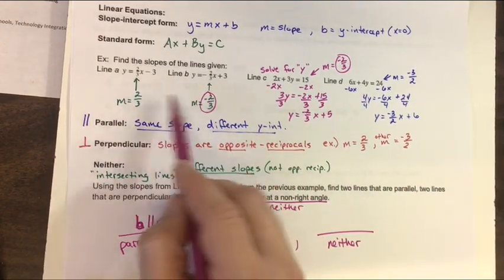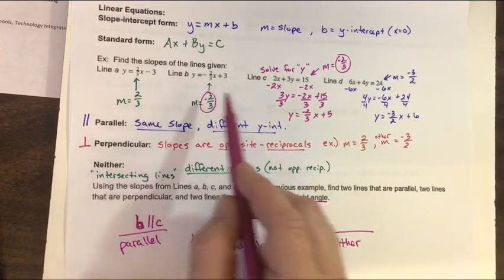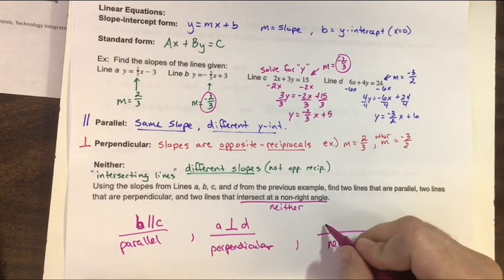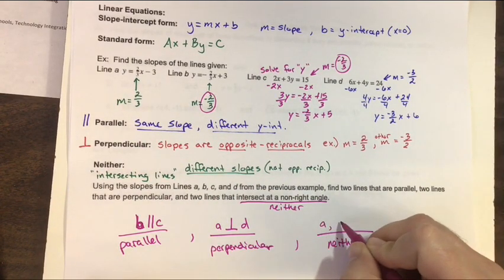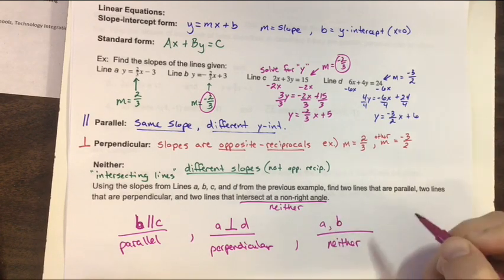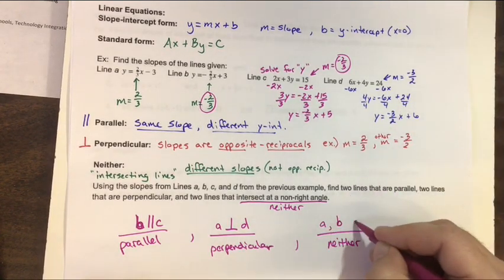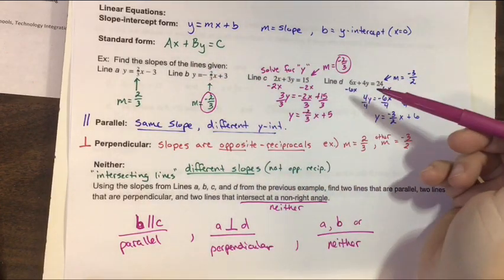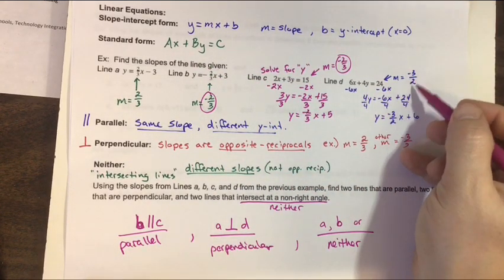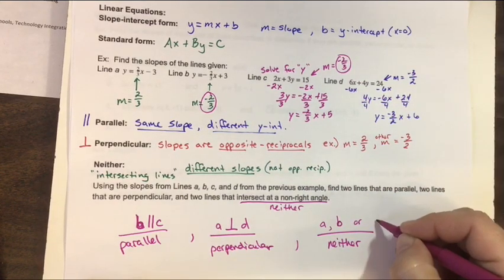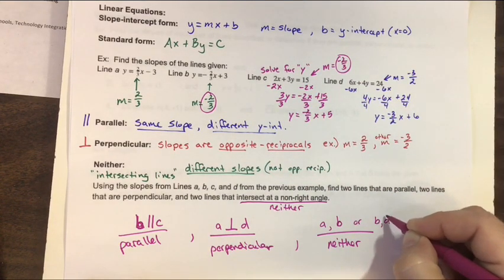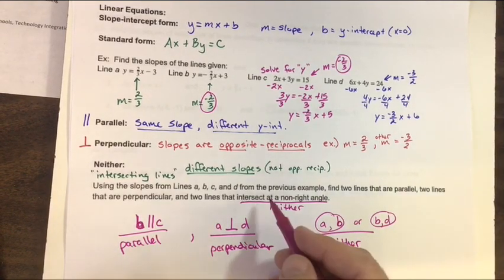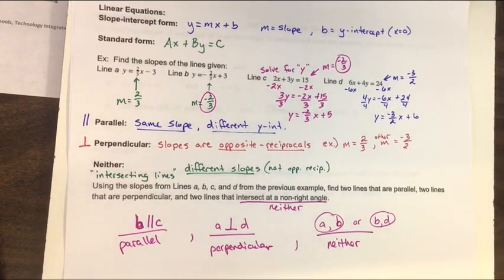Well, that was that first two I looked at. Line A and B have different slopes that are not opposite reciprocals. So line A and line B. Now, I could also have used line B and line D, because they have reciprocal slopes but not opposites. All right? So either of those pairs would be a neither example. They intersect at a non-right angle.